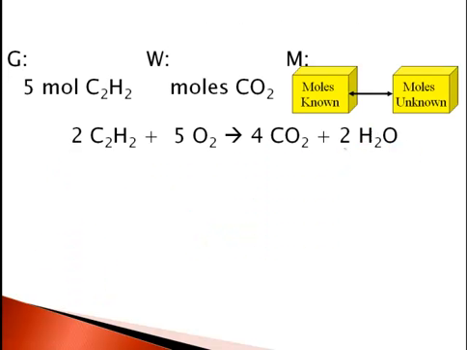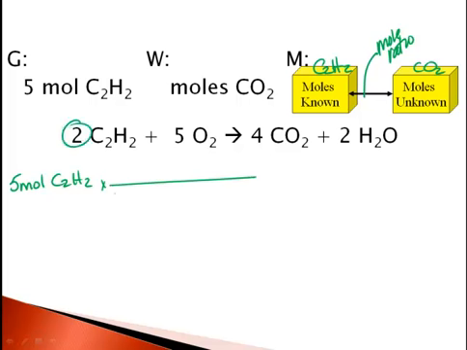So I'm given 5 moles of C2H2. I want my moles of CO2. So I go my moles of C2H2 to my moles of CO2, and to do that I'll use my mole ratio. So 5 moles of C2H2.